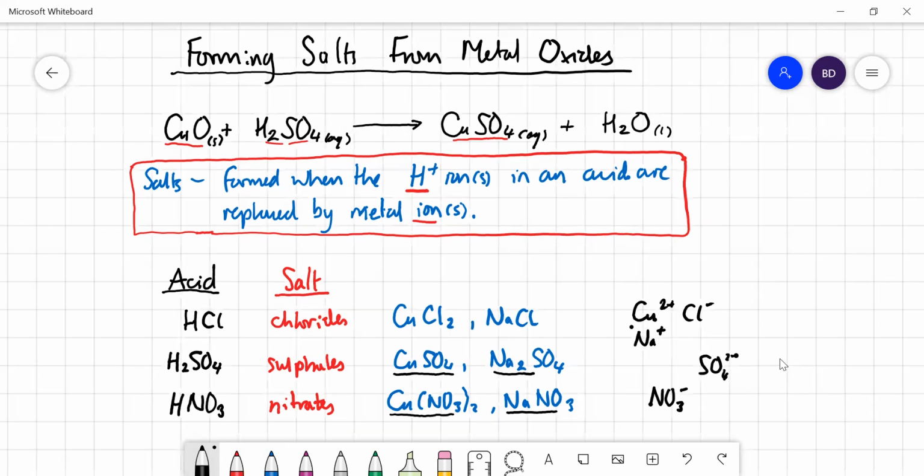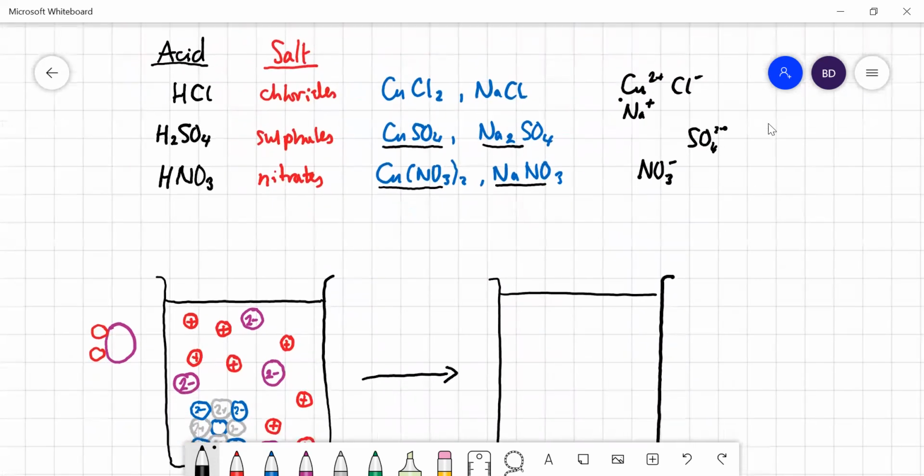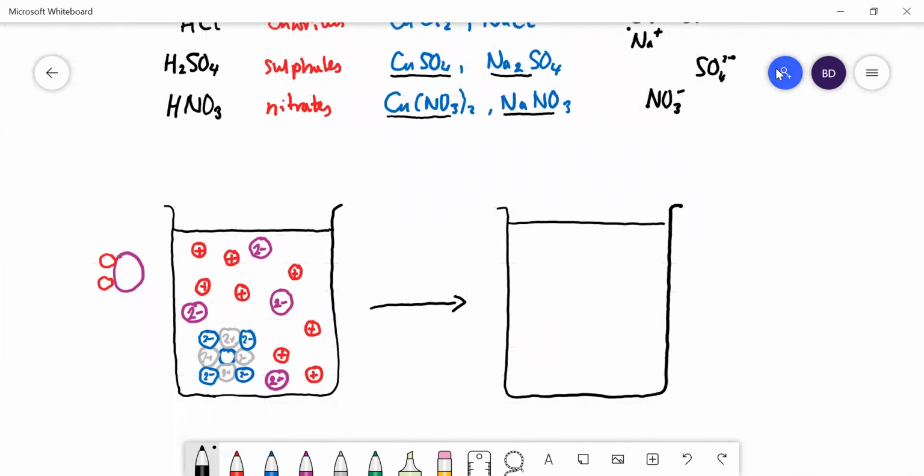Right, let's just have a closer look at what's going on with that copper oxide reaction as an example. Okay, so here we have sulfuric acid. This is sulfuric acid, the covalent molecule before you dissolve it in water. But of course, as soon as you dissolve it into water, you're going to get 2 hydrogen ions, which I've drawn there as red, and you get 1 sulfate ion, SO4 2-, which I've drawn as purple.